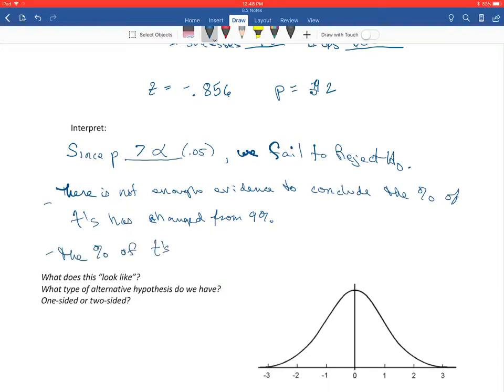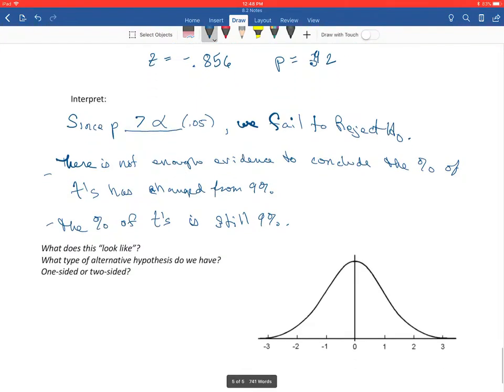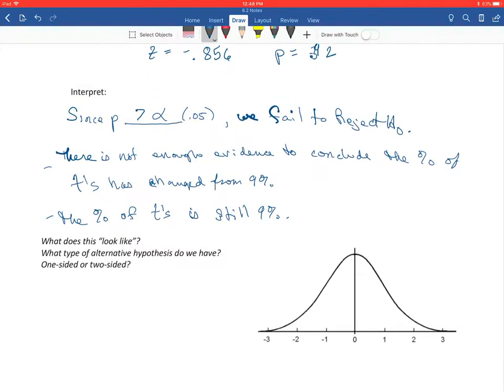Or you could simply just say the percent of T's is still 9% according to this. But a lot of times they say it in that kind of phrasing, we did not find enough evidence to conclude, to like go with the alternative. So we have to just stick with that default, boring, standard, status quo position that it's still 9%.